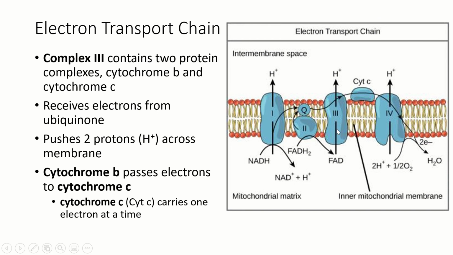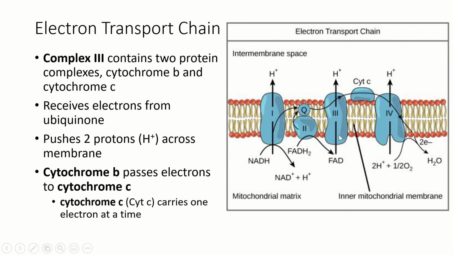All right, complex 3. It's actually 2 protein complexes, cytochrome B and cytochrome C. This is cytochrome C. This is the cytochrome B. It's going to receive the electrons from the ubiquinone, and it's going to use the energy in those electrons to push 2 hydrogens across the membrane. So the hydrogens from here are going to go across the membrane.